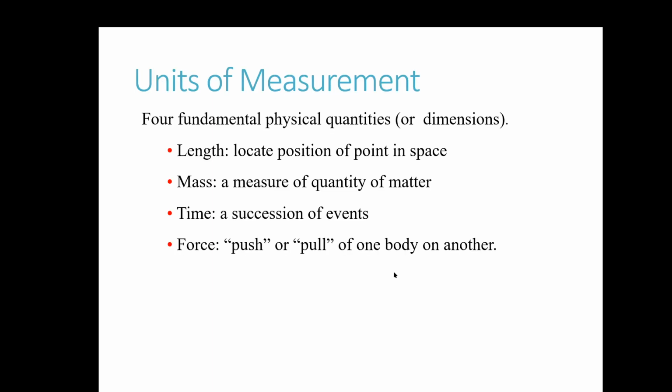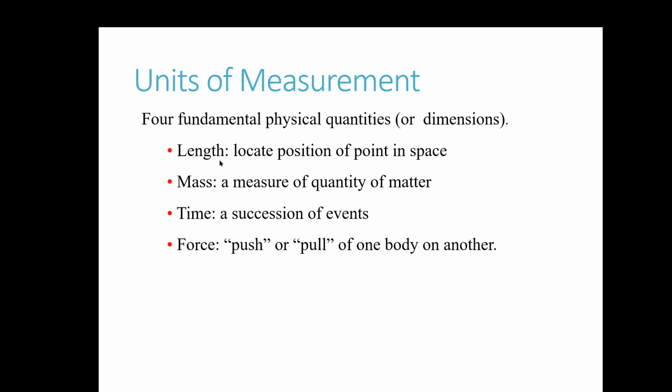All right, units of measure. There are basically 7 fundamental quantities in physics, and we only care about these 4. These are so-called fundamental physical quantities, or fundamental base dimensions: length, mass, time, and force.